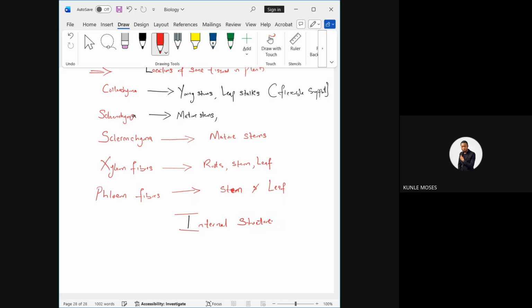I believe you know the internal structure of a flowering plant already: the stem, the roots, and the leaf, the functions and the structures of their organs. So we'll be checking the structures and functions of the internal organs and their arrangements for a mammal too. Do we have any questions so far?